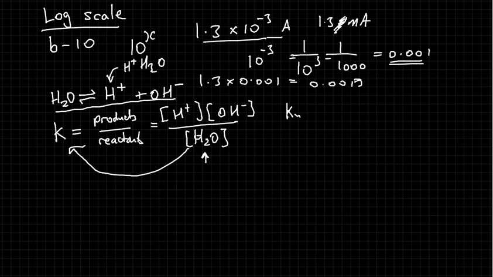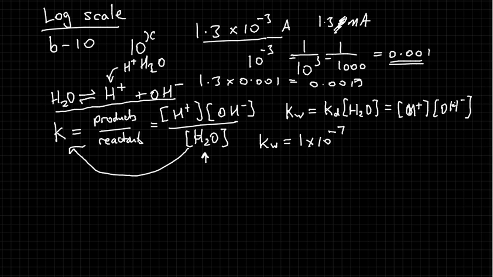So kW is equal to K, the dissociation constant, times the concentration of water, and that's going to equal H plus times OH minus. Alright, so kW for water at room temperature is about 1 times 10 to the negative 14 moles per litre. So you can see here that we're using a base 10 system to define this.